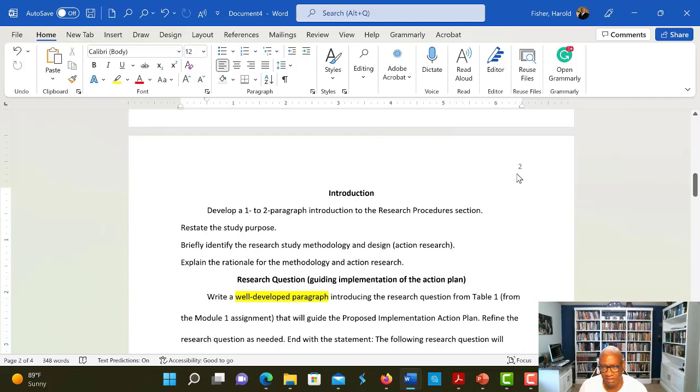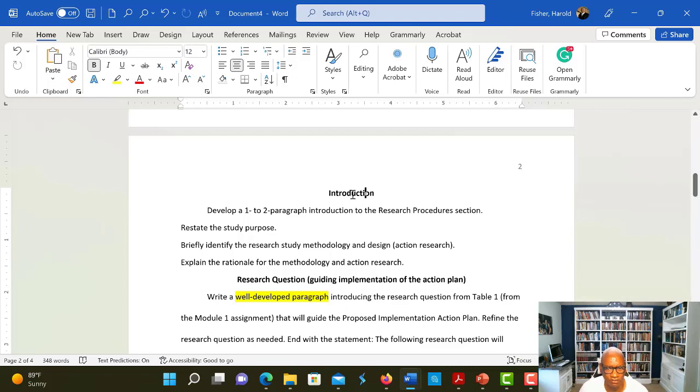You need to have a page number in the upper right hand corner. That is an APA requirement, and you have to have headings above each section. Again, APA requirement. It needs to be centered. Times New Roman is fine. Even though this is not Times New Roman, that's okay, not a big deal.